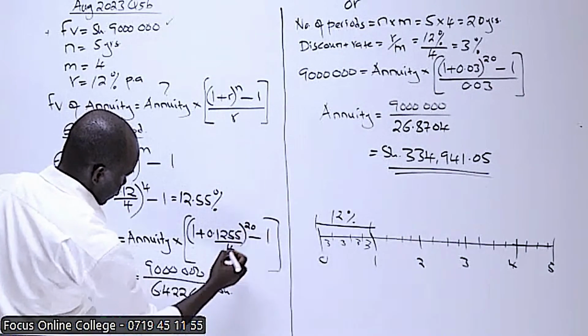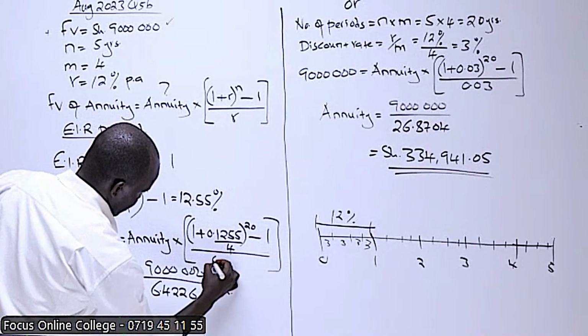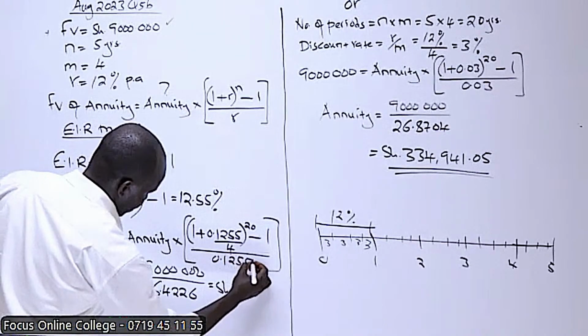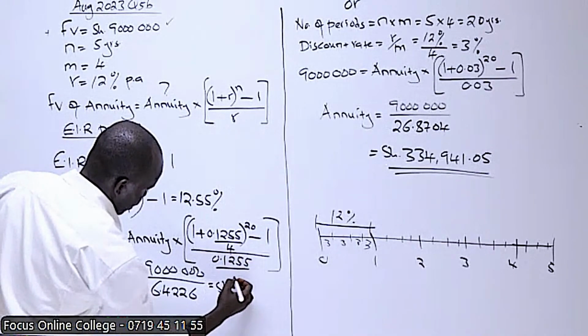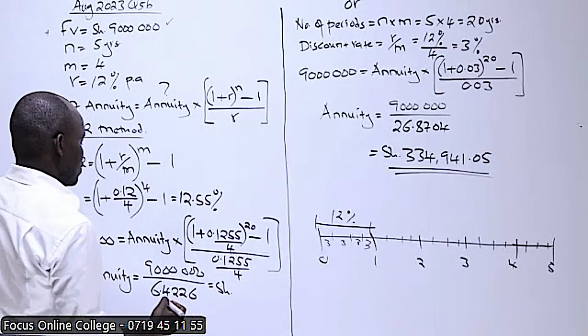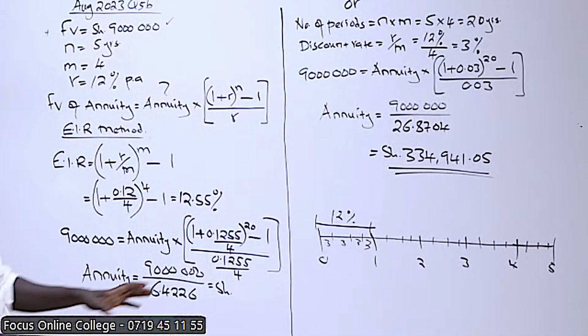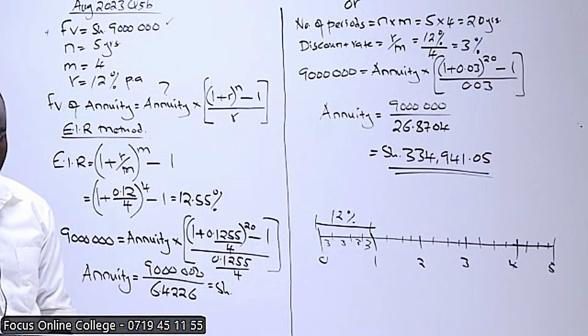Then you divide 0.1255 by 4. So that is where the issue was. After getting the effective interest rates, you will still again adjust the number of periods.